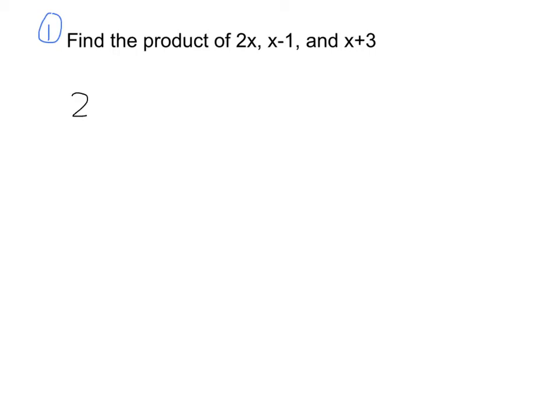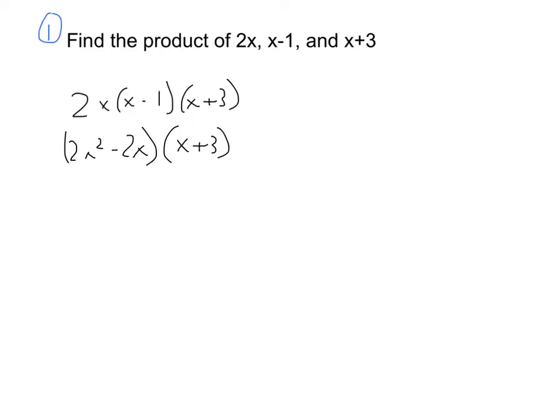So I'm just going to multiply 2x times x minus 1 times x plus 3. And in multiplying this, it really doesn't matter which two factors you multiply first. I'm going to go ahead and multiply the first two factors together. 2x times x minus 1 will give me 2x squared minus 2x. And then I would still need to multiply that by x plus 3 to get the final product.